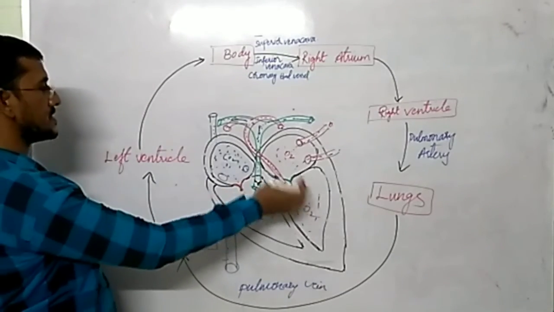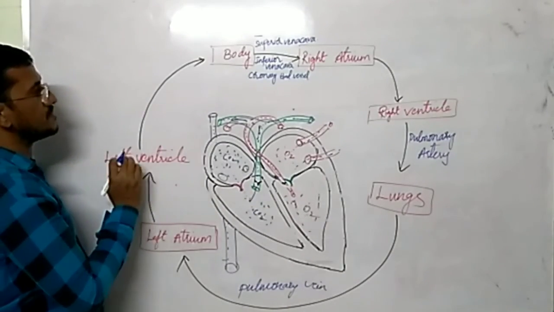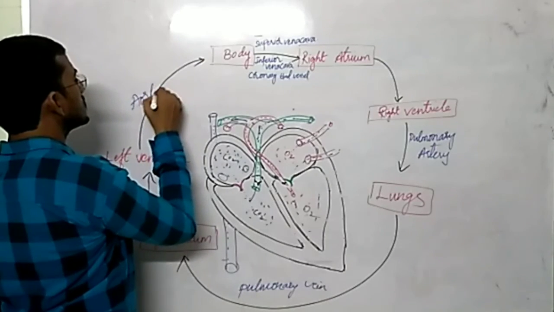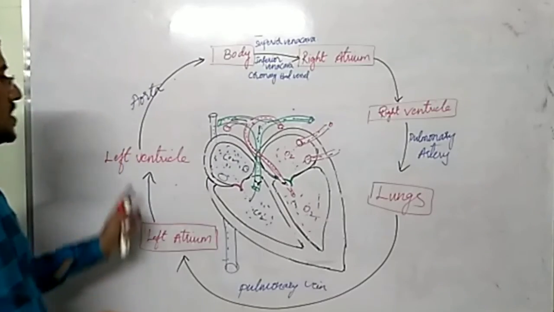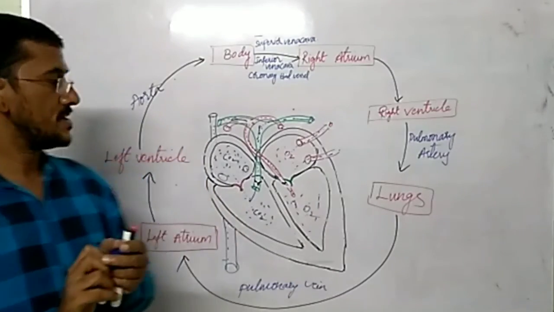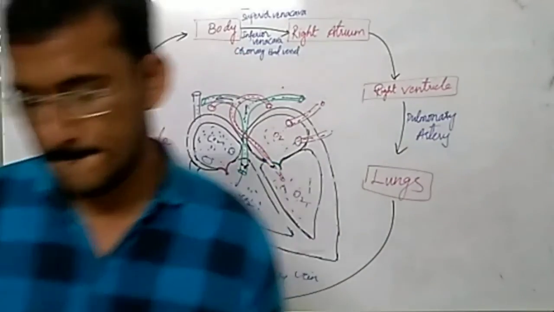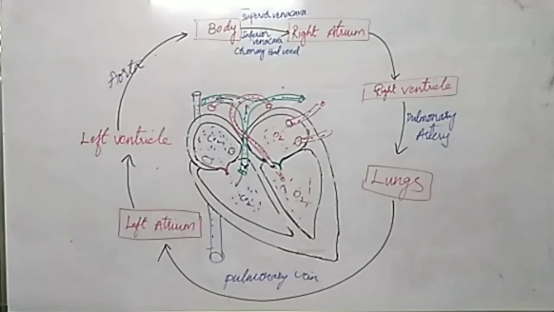From left atrium it enters into left ventricle. From left ventricle, again here aorta, systemic aorta will take the blood to body. So this is circulation. Based on today's topic, write the internal structure of heart.